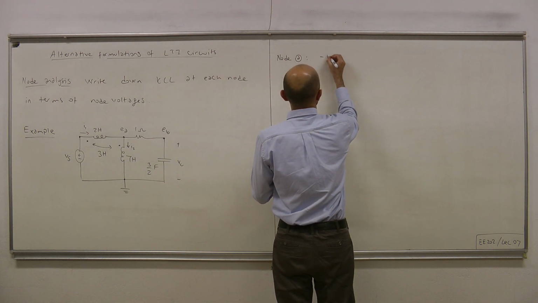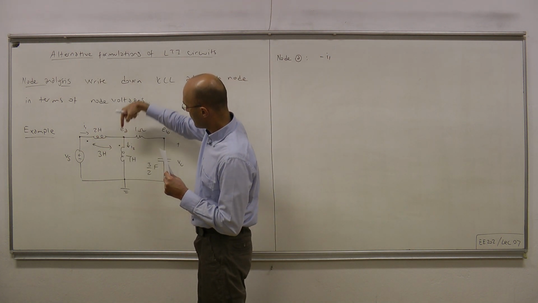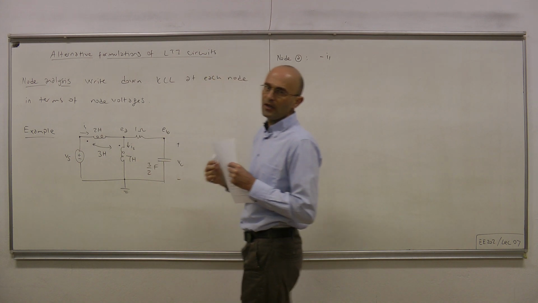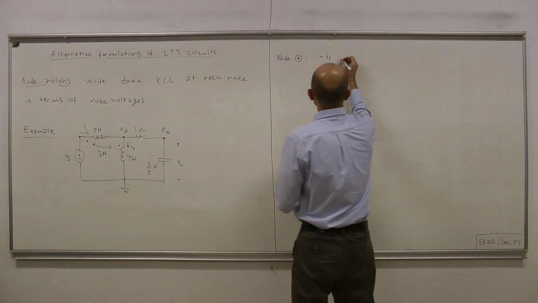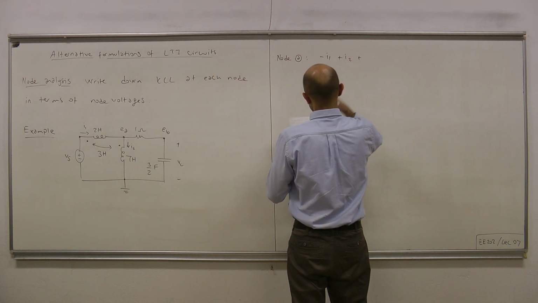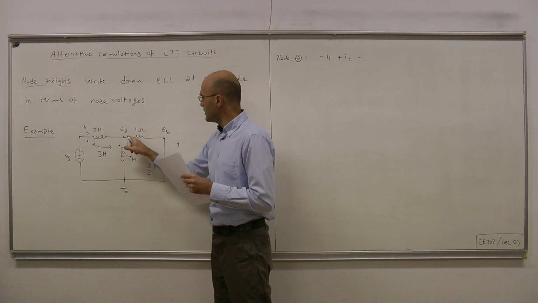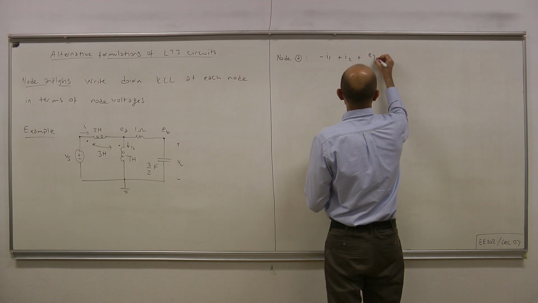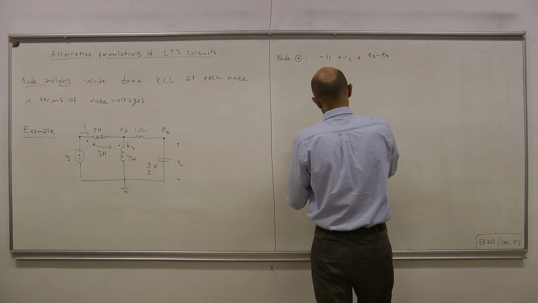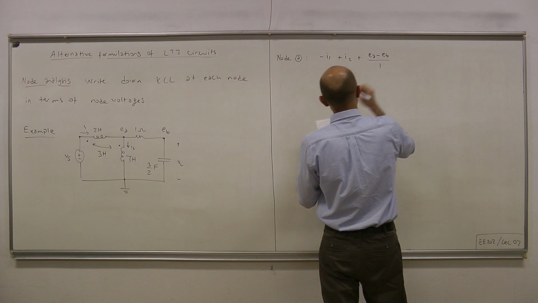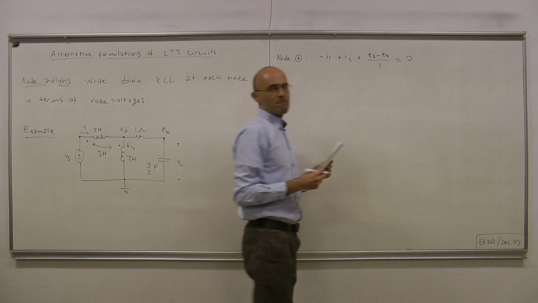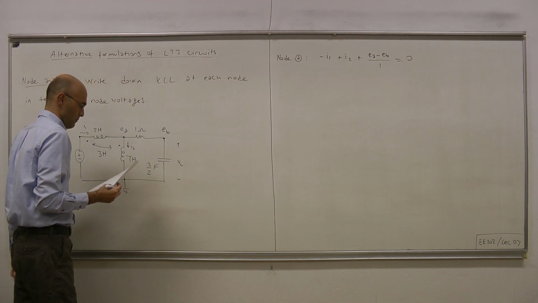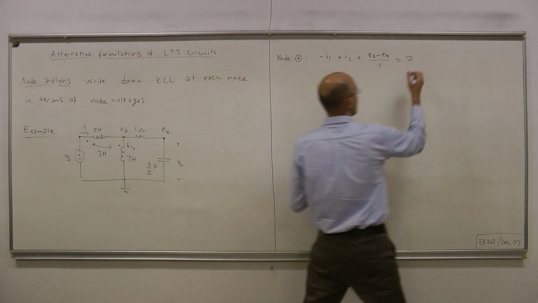We have minus I1, which is this current, plus I2, plus that current, which is simply this voltage divided by the resistance in between. So it's EA minus EB over 1 ohm, and by KCL, that should equal 0. Okay, so this is our equation 1.